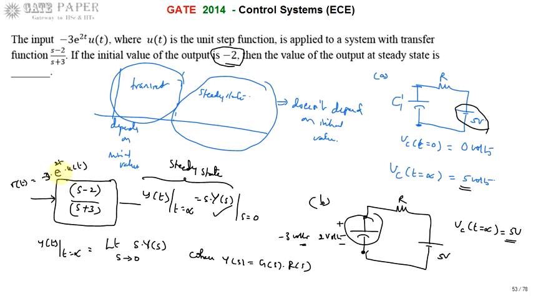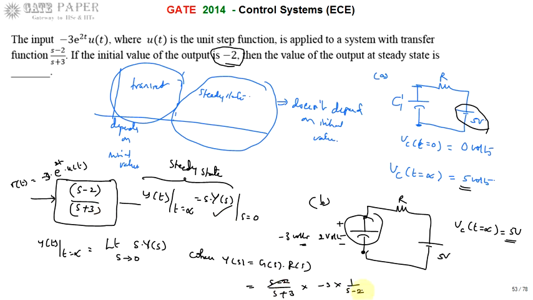Minus 3 is a constant, and e^(2t) has Laplace transform 1/(s - 2), so R(s) = -3/(s - 2).